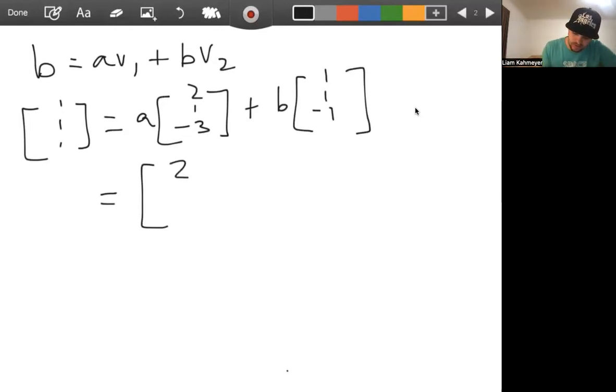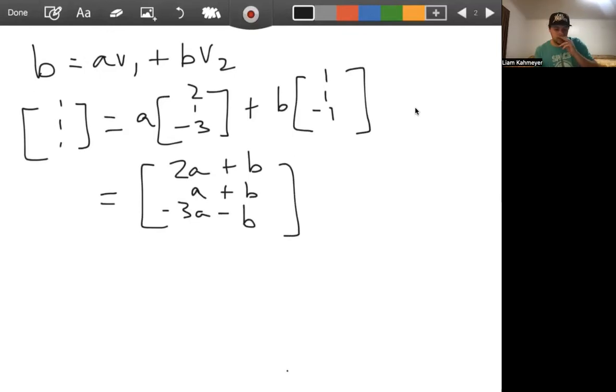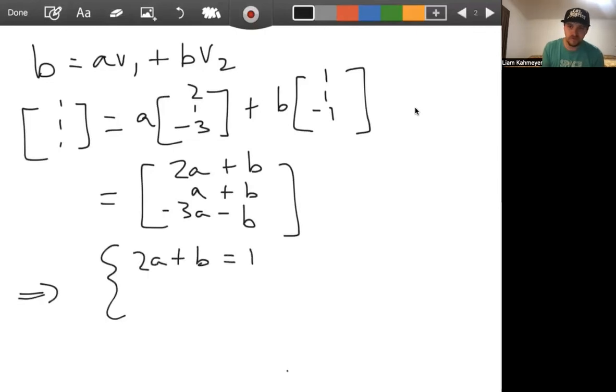And what we get is 2a plus b, a plus b, and then negative 3a minus b. And this is to be equal to 1, 1, 1. This implies we have the following system of equations. We have 2a plus b is equal to 1 for the first component. For the second component, we have a plus b is equal to 1. And then for the third component, we have negative 3a minus b is equal to 1.